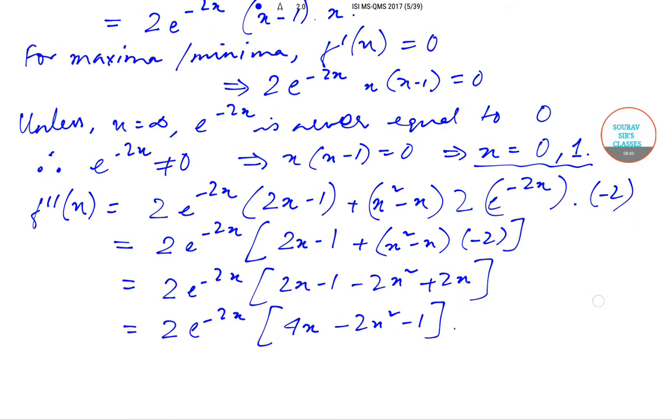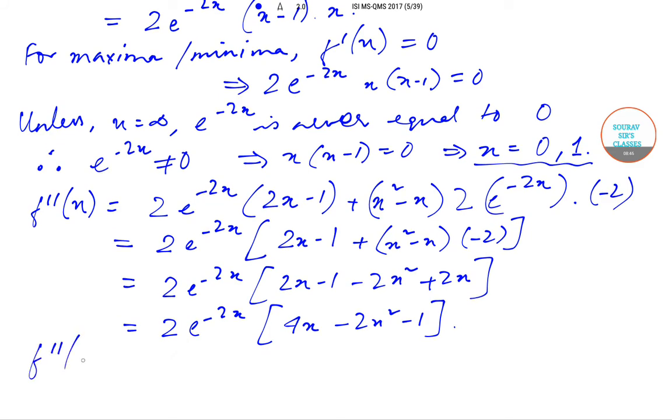So if we find out the value of f double dash 0, f double dash 0 is equal to 2 e to the power minus 0 into 2 into 0 minus 1.